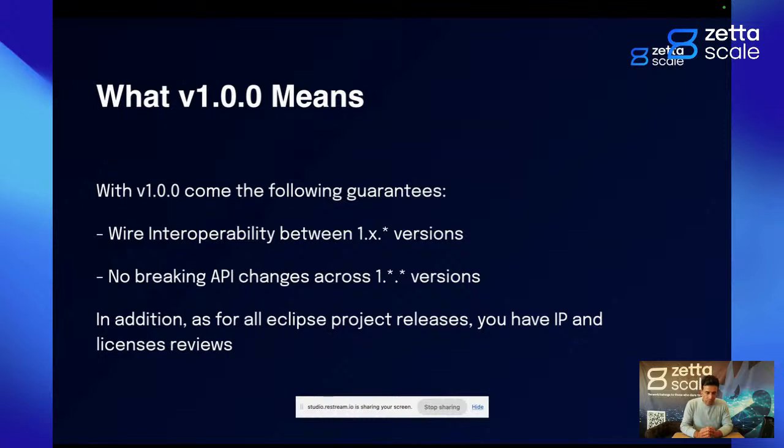First, wire interoperability between versions 1.x.*, and no API break across version 1.*.*. In addition, as a consequence of the Eclipse project release, because V1 will also be an Eclipse project release as V0.11 was, you have the guarantee of an IP license and patent review. That's, I think, quite an important guarantee with respect to the safety of using Zenoh.